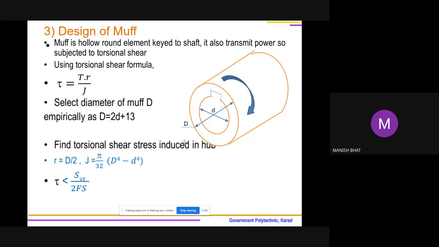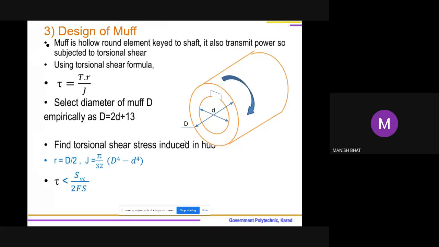Now a diagram of the muff is shown. It shows that the muff is a hollow cylindrical element and it is rotated. So may I consider it as a hollow shaft and design it as a hollow shaft? Yes, definitely. It is a hollow shaft which is subjected to torsional shear as it is transmitting power.